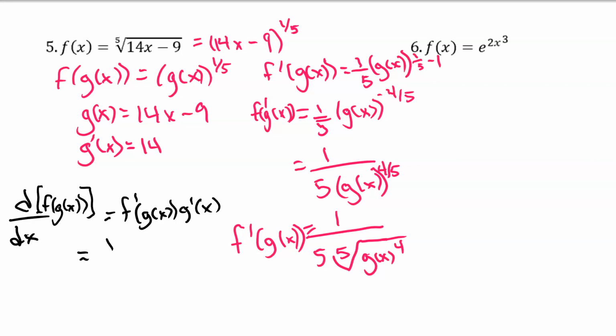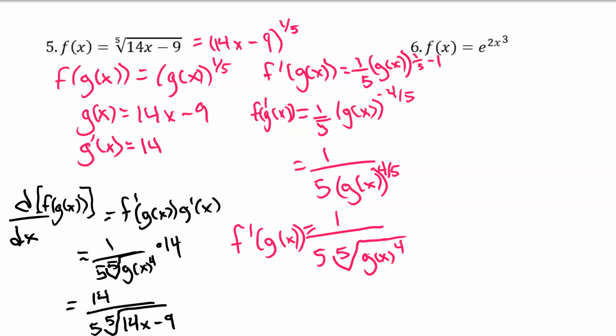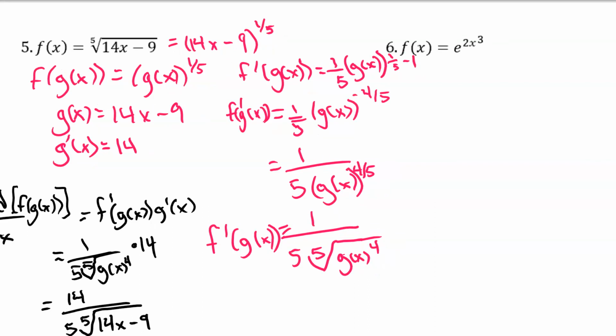So here we've got 1/5 5th root g of x to the 4th times g prime of x, 14. So it's going to be 14 over 5 5th root of g of x, which is 14x minus 9. That's our answer.